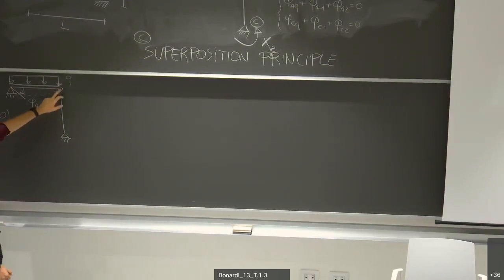So this point cannot go right or left, because node A is fixed and this beam cannot elongate. The horizontal displacement of this point is 0. The vertical displacement is 0 as well, because the column is also rigid along its longitudinal direction. So this point is not moving.